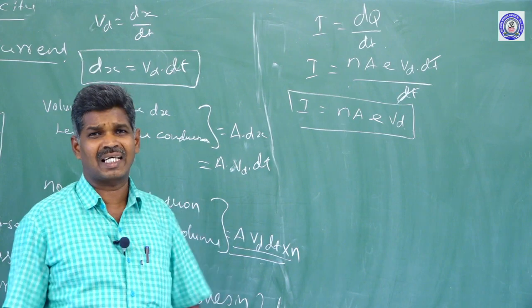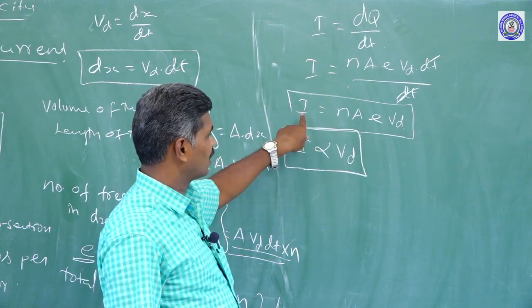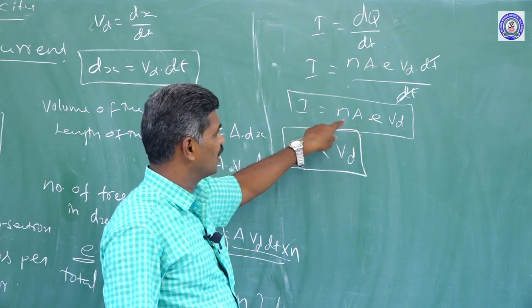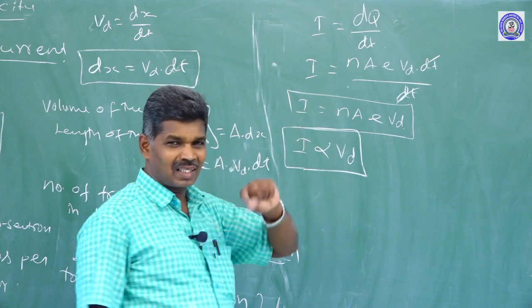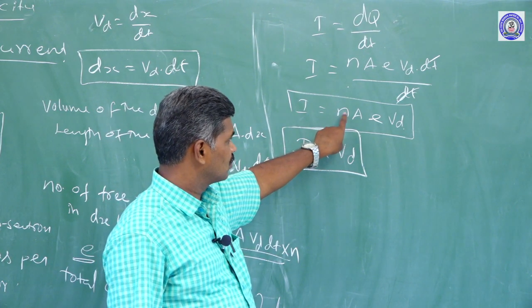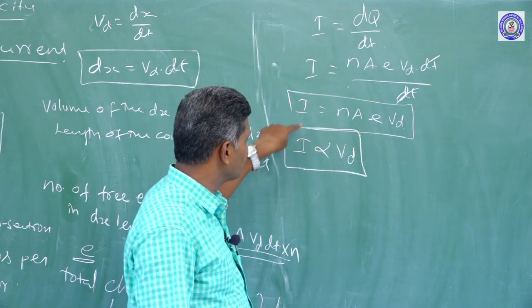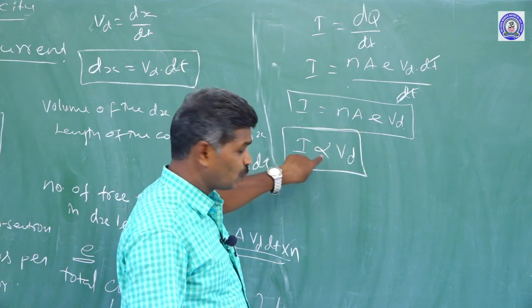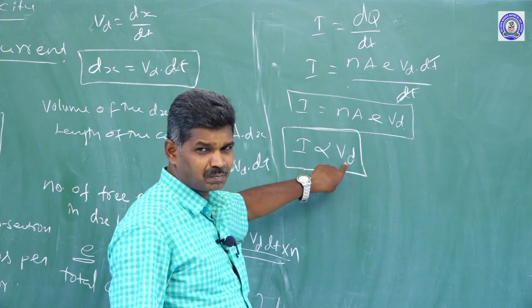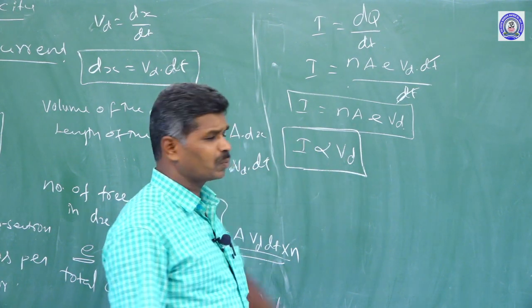For a given conductor, the number of free electrons per unit volume, the area of cross section, and the charge of each electron are all constant. That's why the current through the conductor is proportional to the drift velocity, so current and drift velocity are directly proportional.